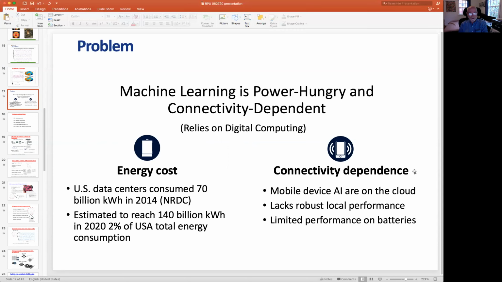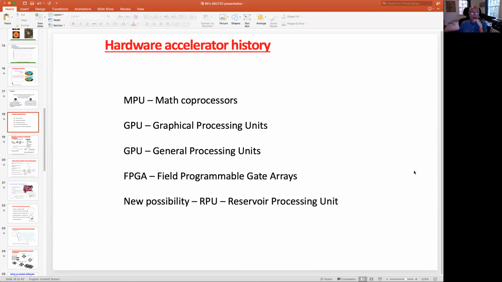There's some local machine learning that's done, but the majority of it is done remotely, and so it lacks a certain robust local performance. This is mainly because if you're using battery powered devices, the draw would be so great if you did local machine learning that it's not practical. So the notion is that if we can come up with a way of reducing the energy costs of a local device, that would have many applications.